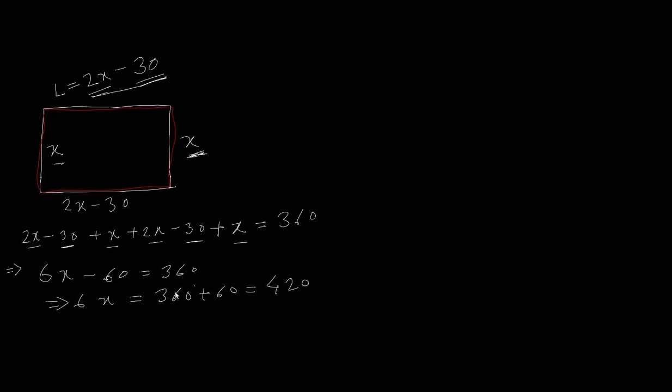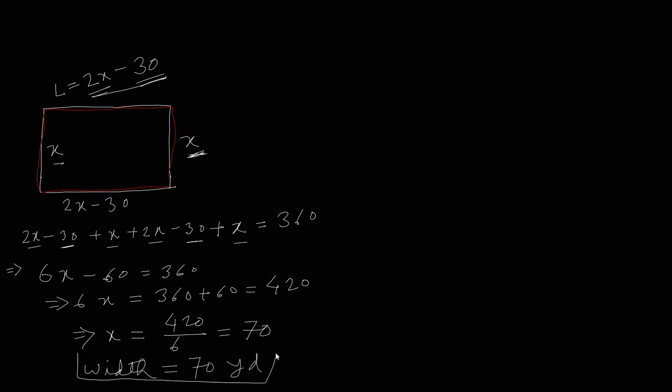Then x equals 420 over 6, which is 70. We know x is the width, so the width of the field is 70 yards.